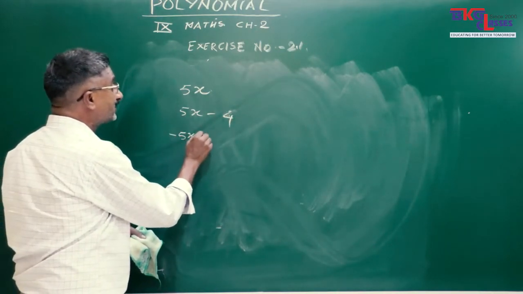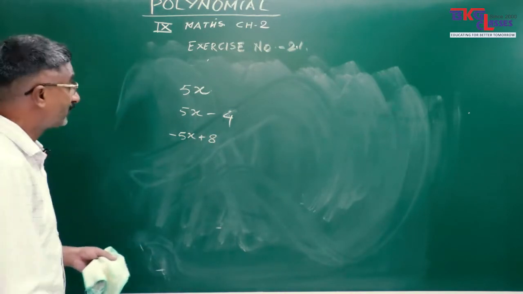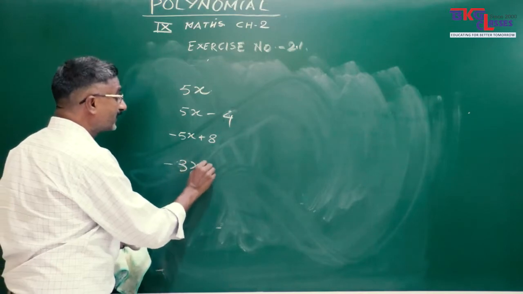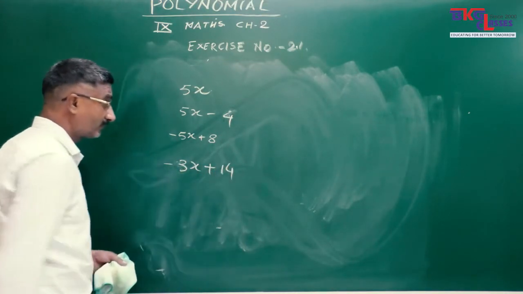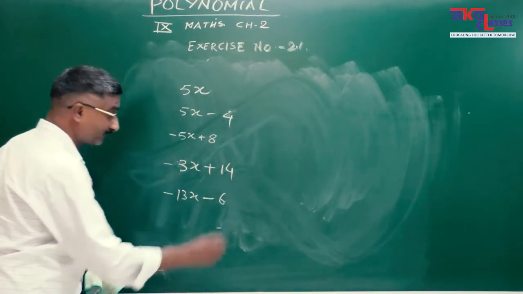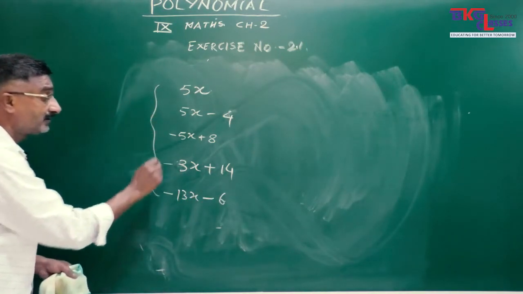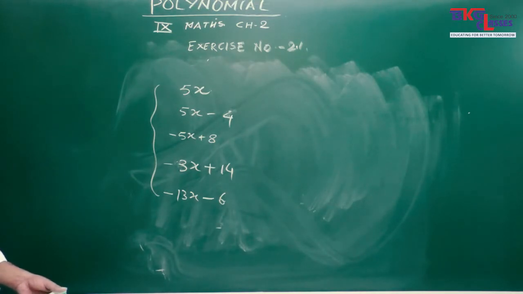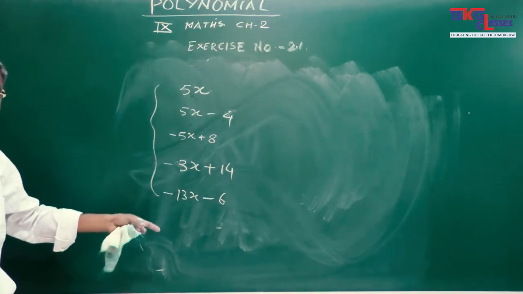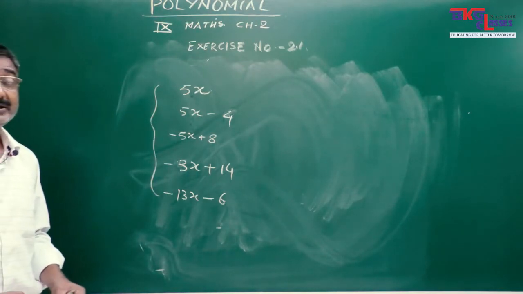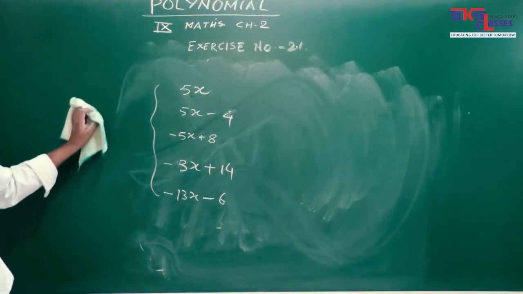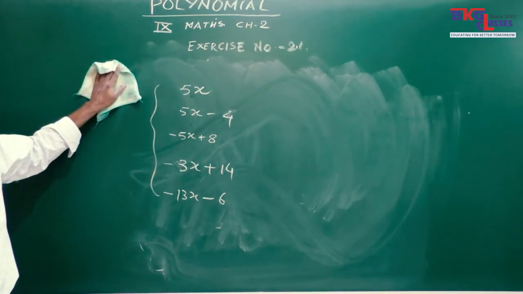Minus 5x plus 8, linear equation. 3x plus 14. Minus 13x minus 6. All these are linear equations. Clear? There may be one term, there may be 2 terms, plus or minus, whatever, but the variable has the single power, that is first degree, and this is called a linear equation.